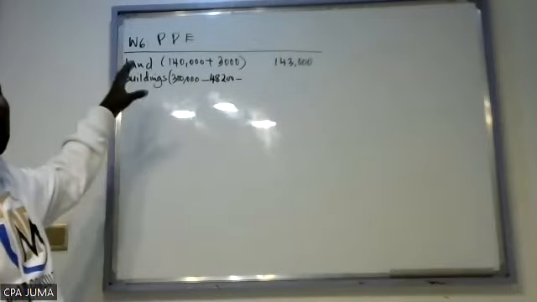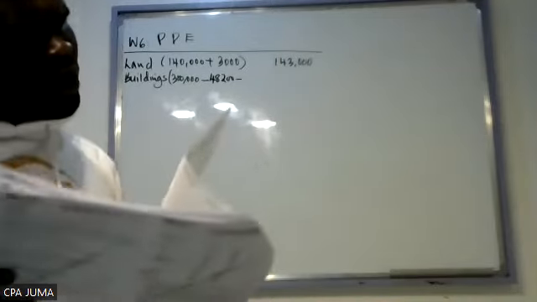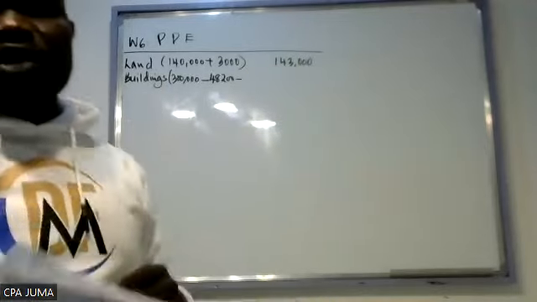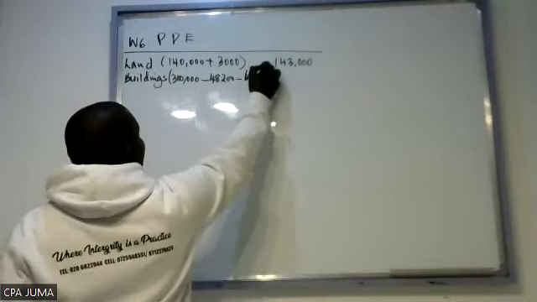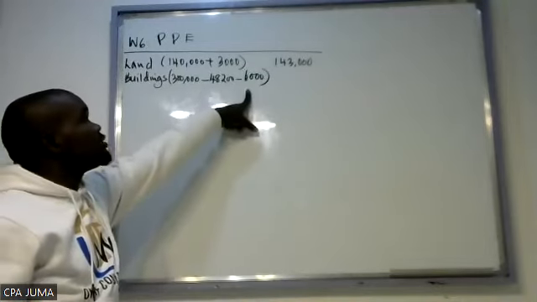Depreciation on buildings was under administrative. Check administrative, ratio 6. So this was accumulated, this was for the year.